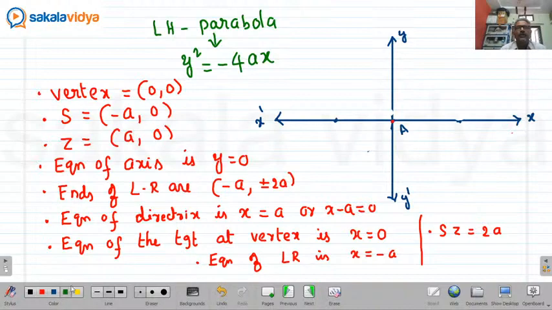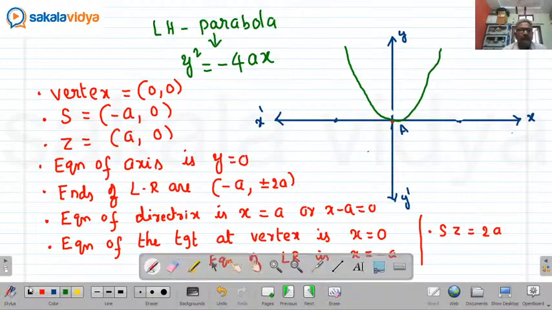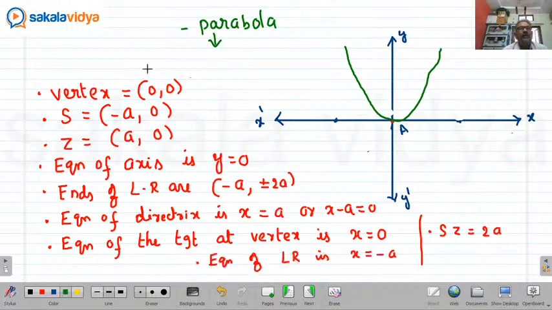Okay. So now you take a parabola of this shape. This is called actually upwards parabola.